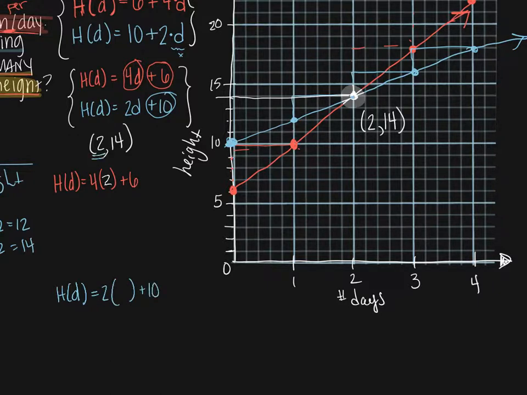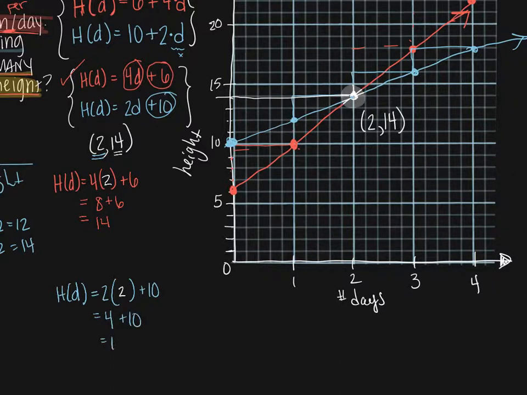Remember that you're going to plug your x value, your 2, into your different equations in your system, and the goal is to see if you can get 14. So let's see. The first system I'm going to end up with 14, which tells me that 2 and 14 is a solution.